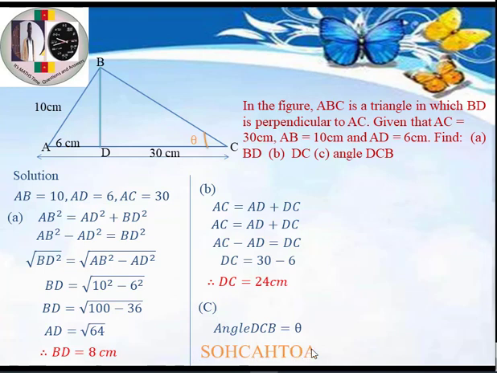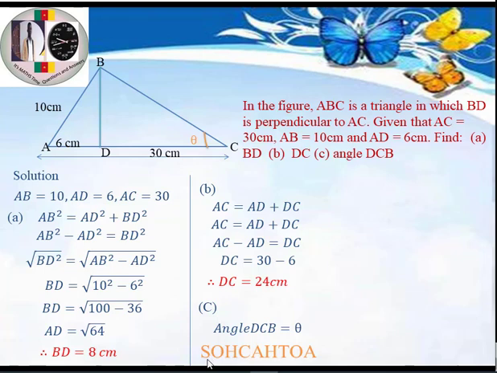That's what SOHCAHTOA simply means. So we are going to look at this angle here on the diagram where you can see my cursor. What do we know? We know the side BD and we know the side DC, but we don't know the side BC, and BC is the hypotenuse. So we won't take any trigonometric ratio that corresponds to the hypotenuse.